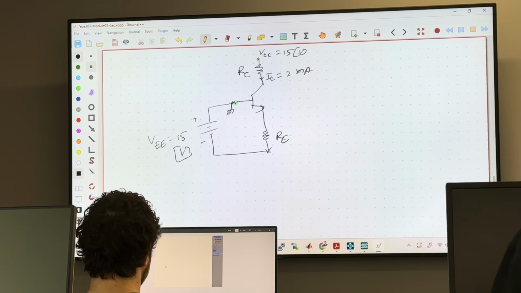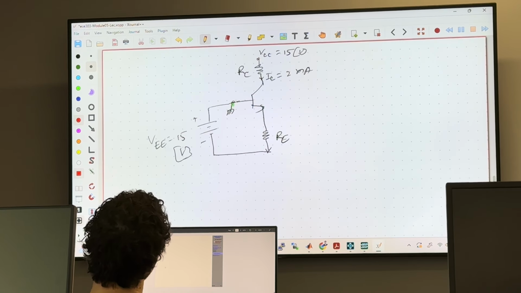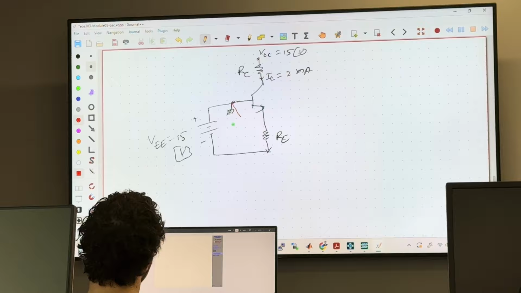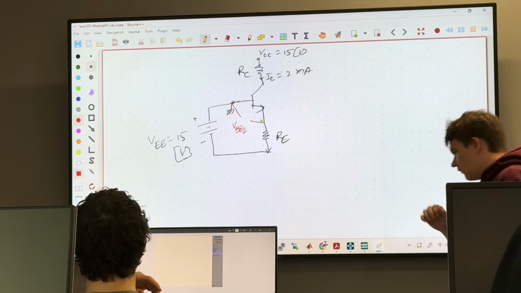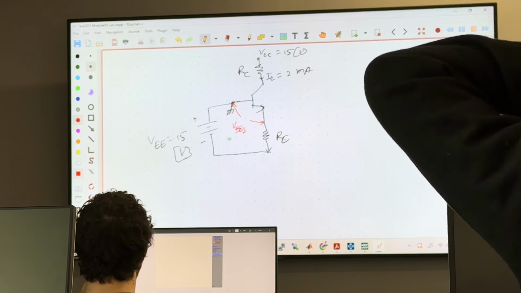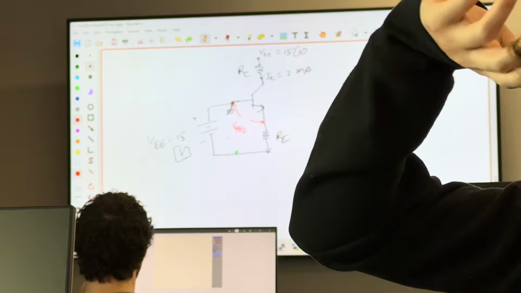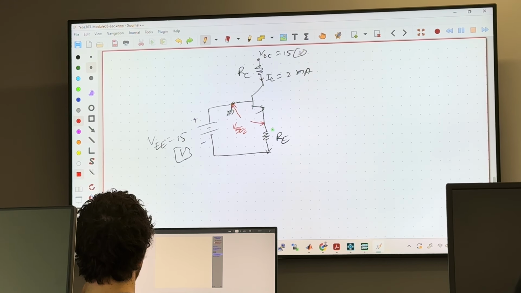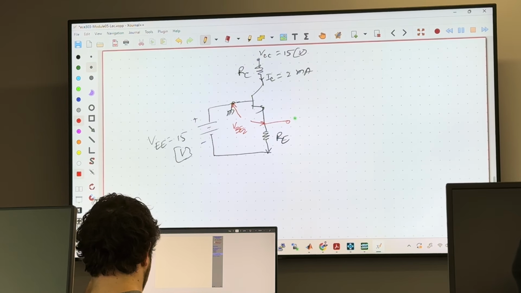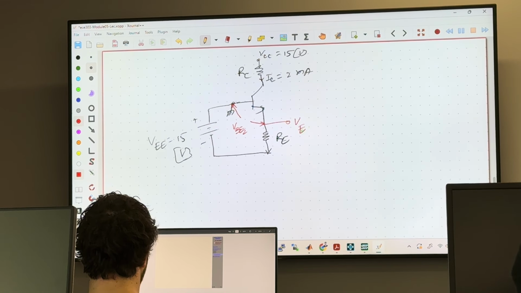Now we have this VBE, we found that, okay? Now, what is this voltage? 0.717. VE, VE with respect to ground.